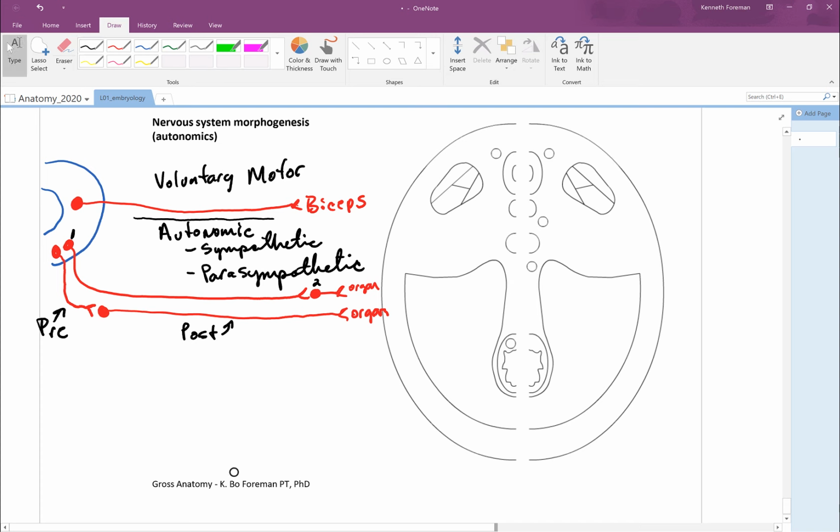So this one here would be sympathetic. Whereas parasympathetics have short postganglionic and long preganglionic. Okay? And those are considered parasympathetic.